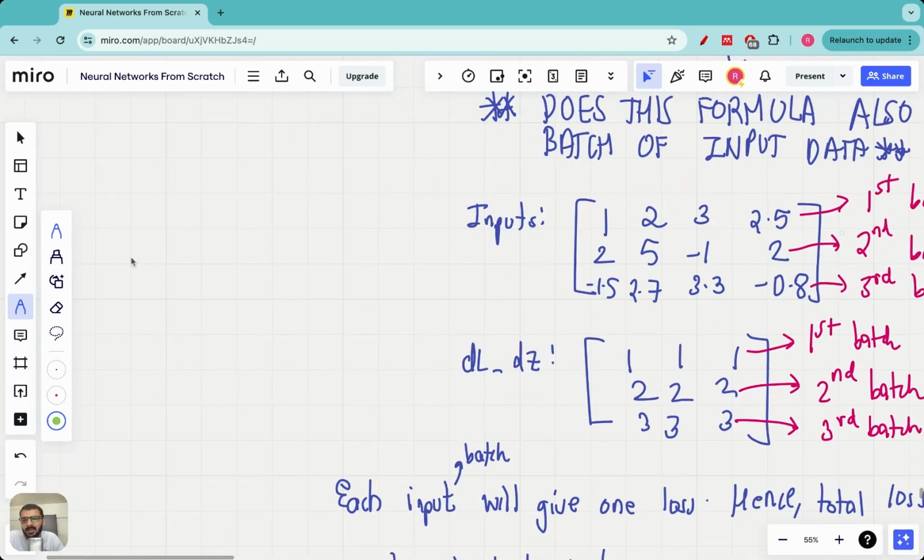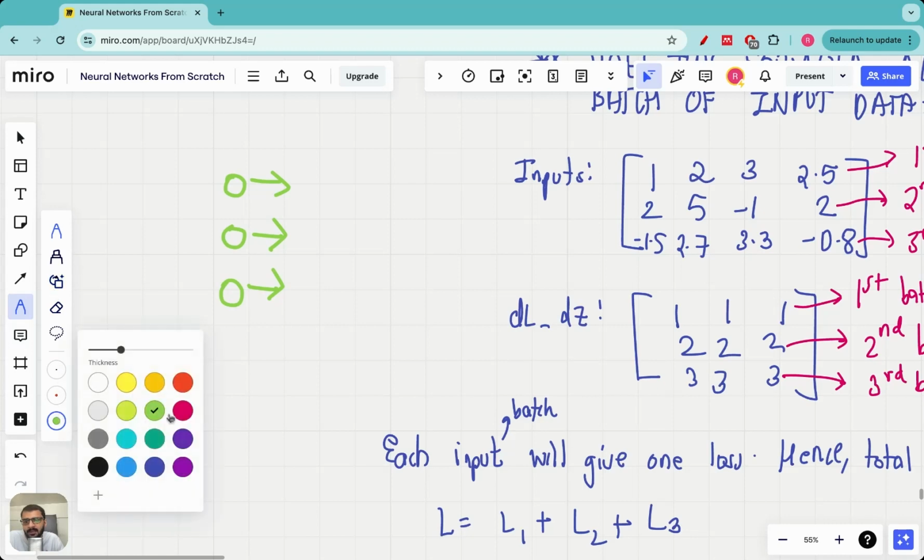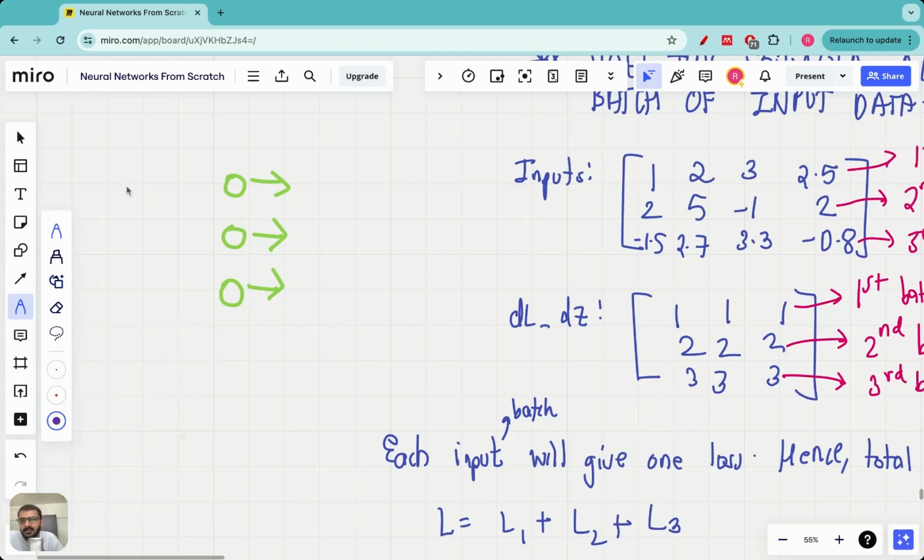For that, I would just need to draw the neural network once more. So these are the three neurons, right? There are Z values coming from every neuron here. And actually the input will be four different inputs. So let me mark the inputs with different colors. This is the first input, second input, third input, and fourth input, right?